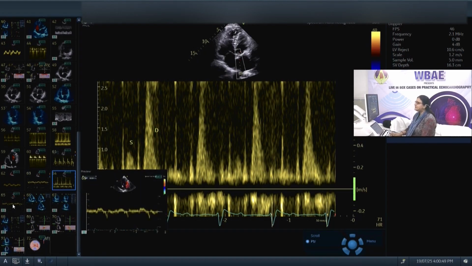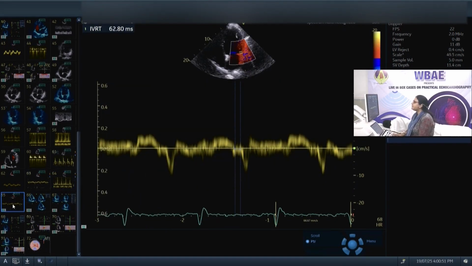And at the end we also did the IVRT, which we did by keeping the tissue Doppler in the mitral lateral annulus, which IVRT in this patient is 62.8 milliseconds, which is also reduced. So to summarize, this patient has both systolic and diastolic dysfunction with a dilated cavity.